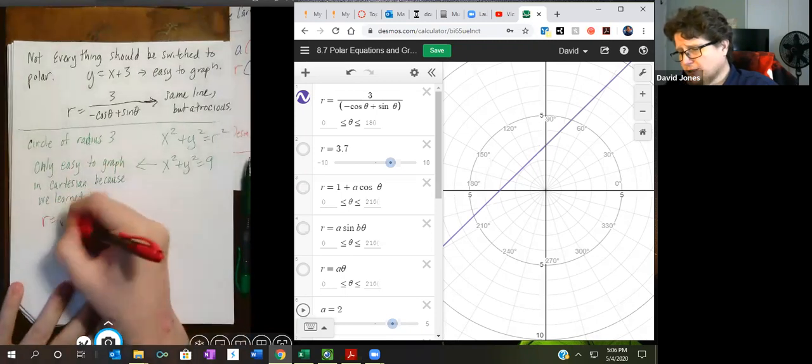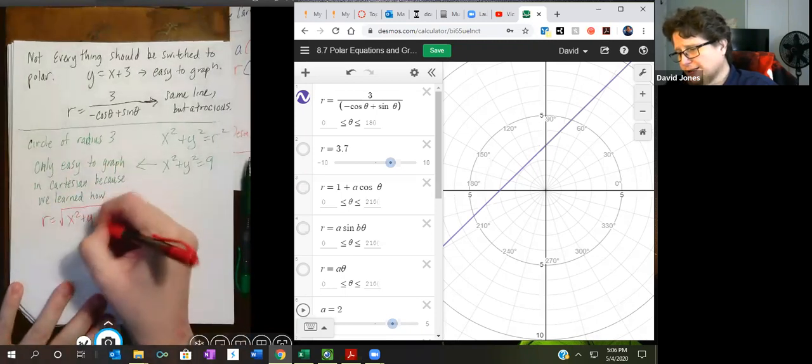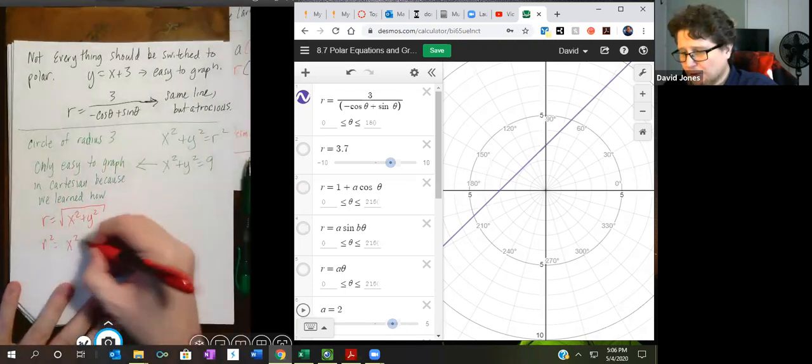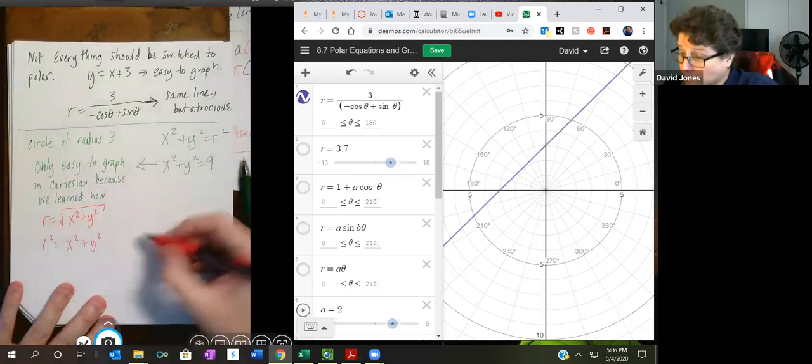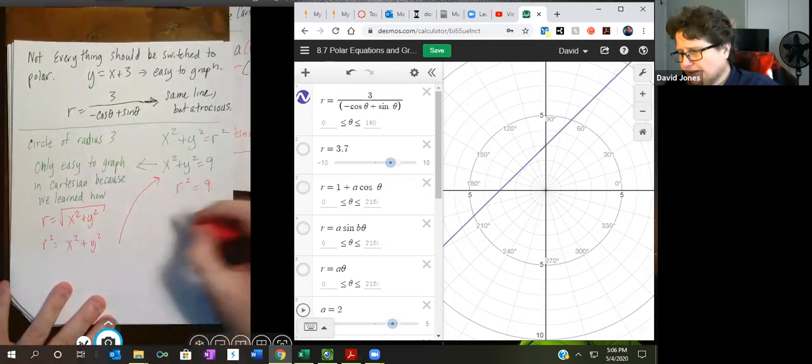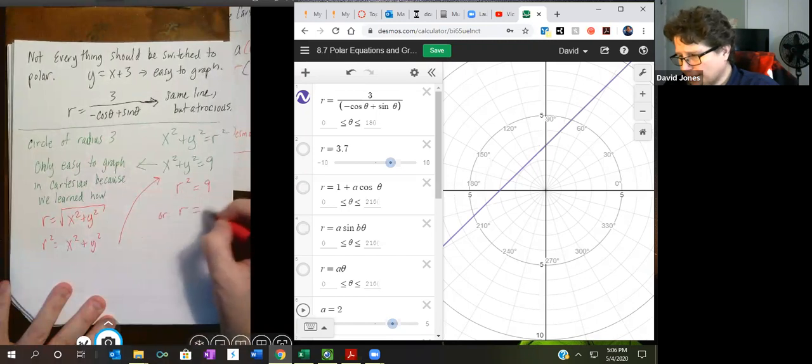But r is the square root of x squared plus y squared. This is where the circle thing really comes from. R squared equals x squared plus y squared. I get r squared equals 9, or r equals plus or minus 3.